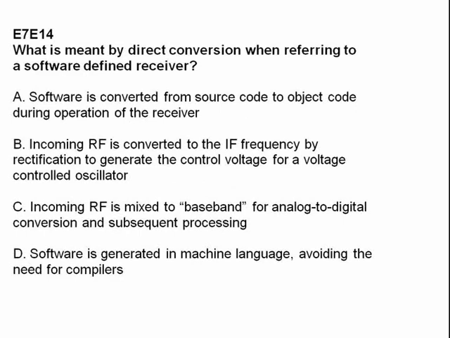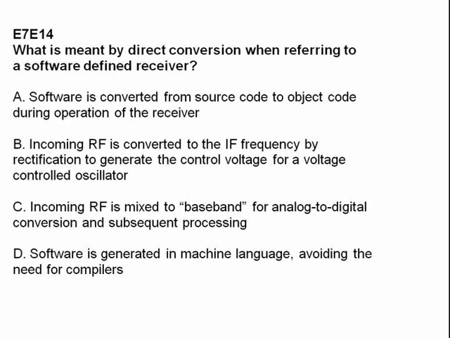What is meant by direct conversion when referring to a software-defined receiver? A, software is converted from source code to object code during operation of the receiver. B, incoming RF is converted to the IF frequency by rectification to generate the control voltage for a voltage-controlled oscillator.